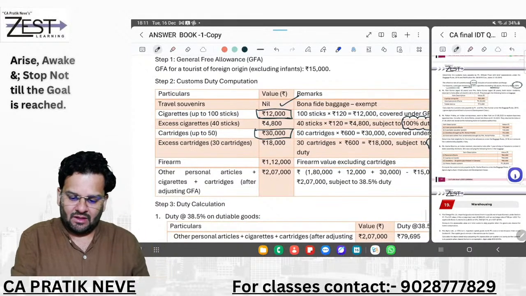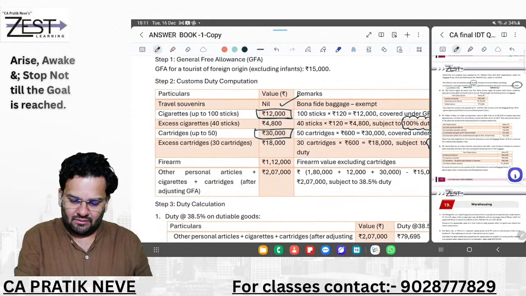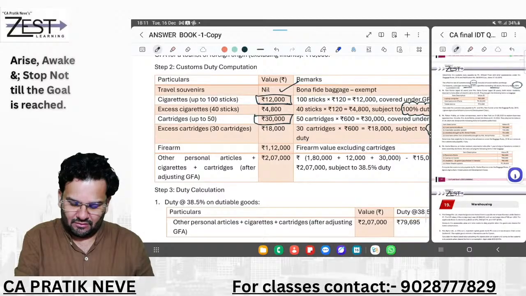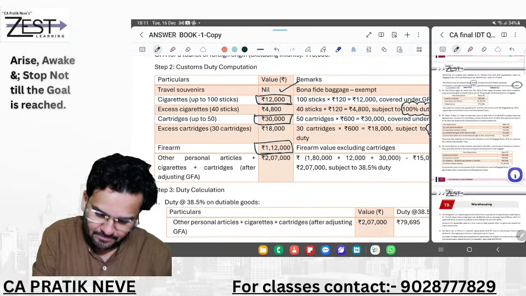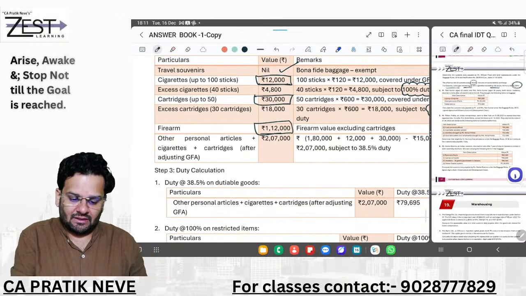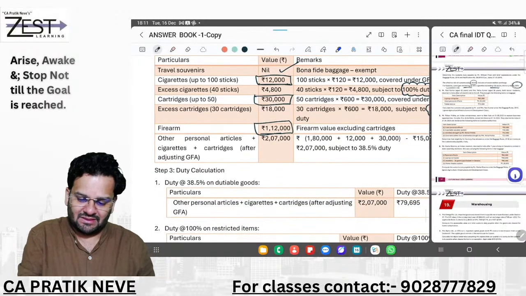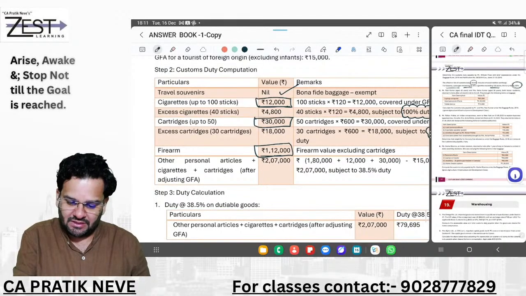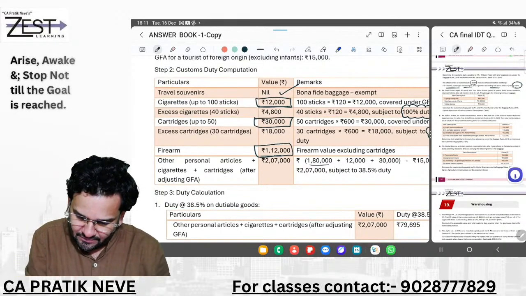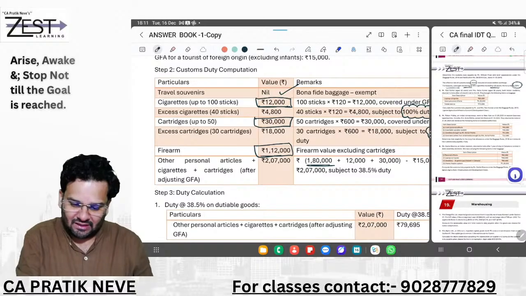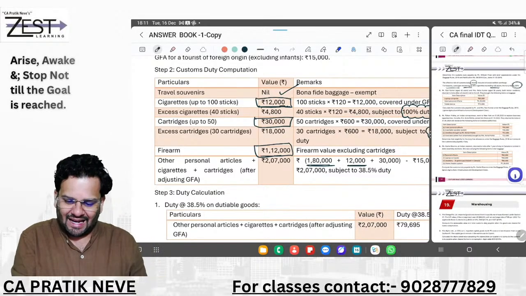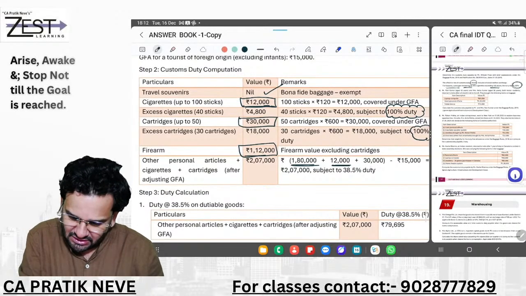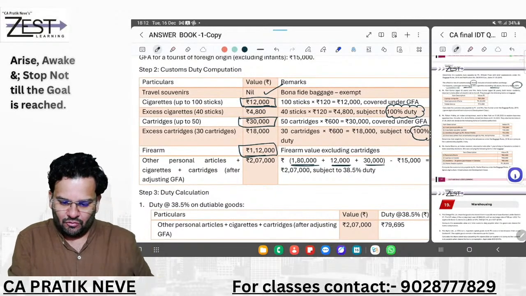Firearms value excluding cartridges, you will tax here. Other personal articles plus cigarettes plus cartridges, that means 180 is that other personal articles plus this 12,000 plus this 30,000. Which 30,000?